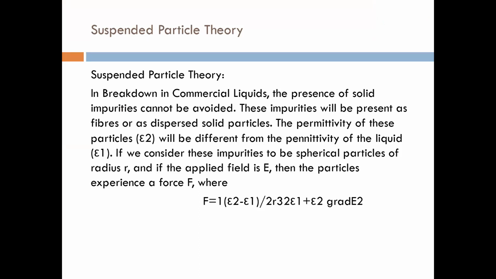Surely the question arises in your mind: what is epsilon 2 and what is epsilon 1? Epsilon 2 is the permittivity of the impurity or particles in the liquid, and epsilon 1 is the permittivity of the liquid itself.